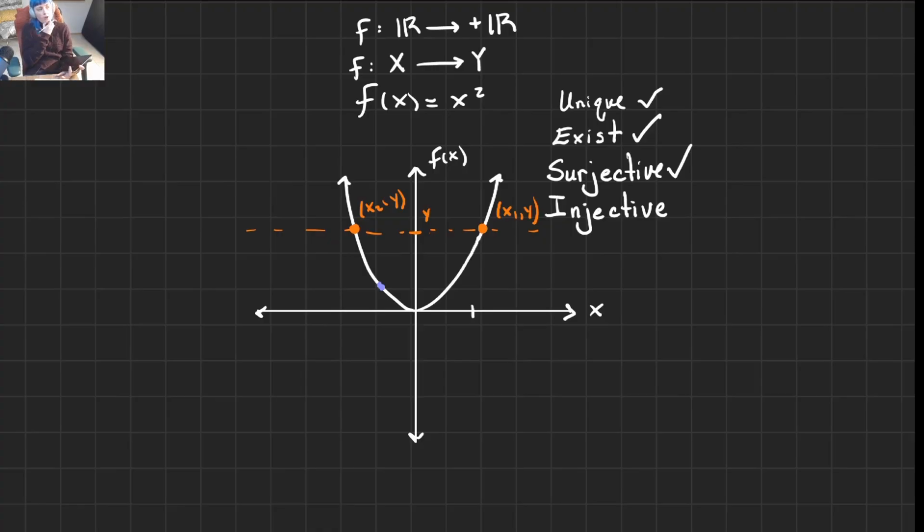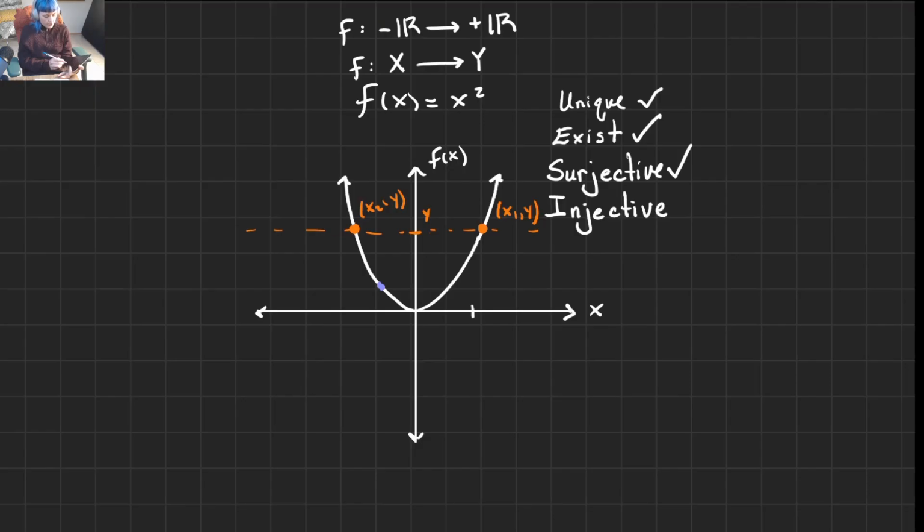So what we could do is the same thing we did before, and we call this restricting the domain. We could restrict the domain to be either positive or negative, and we could make x squared injective that way. So let's restrict the domain just to do something different. Either one would work, but let's choose negative reals.